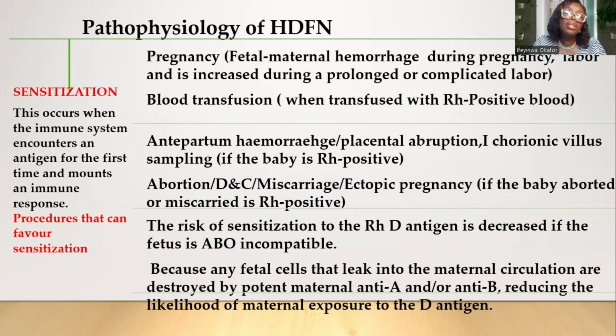Now, if there is fetal maternal hemorrhage and a little portion of the baby's blood leaks from the baby into the maternal circulation, remember that the mother has antibody B in the circulation, and the baby has antigen B and antigen D. Now, if the baby's red cells leak into the mother's circulation, the already naturally occurring antibody B that is naturally found in the mother's circulation, who is blood group A negative, will do what?